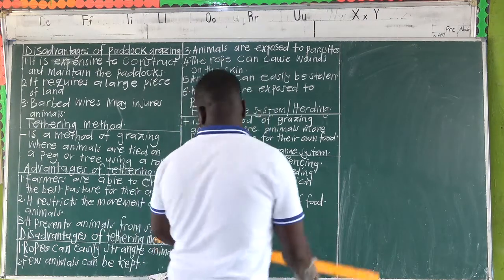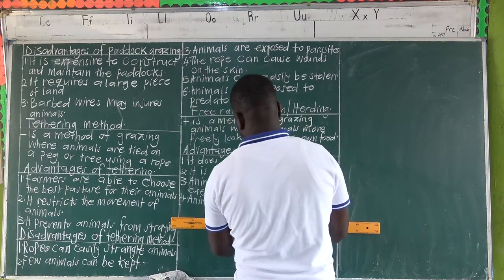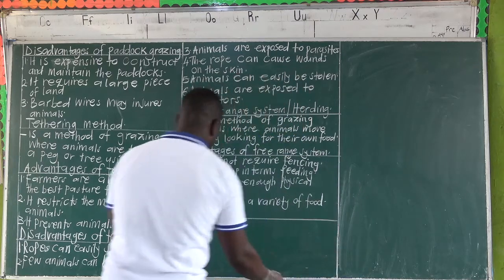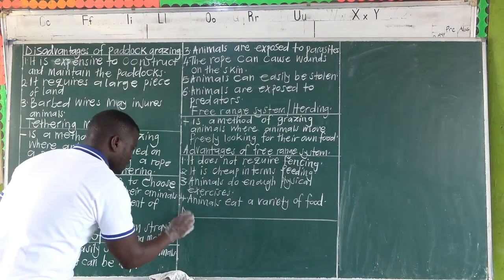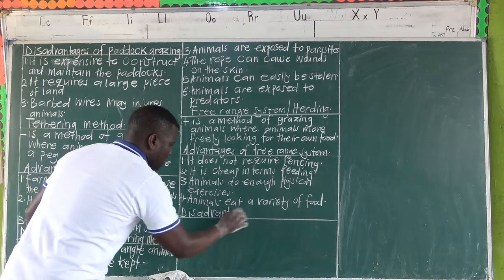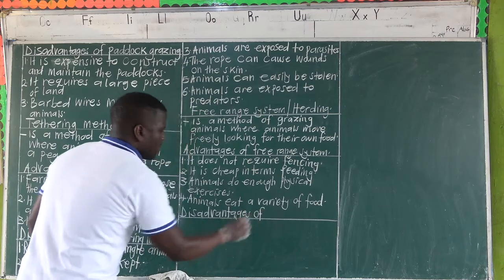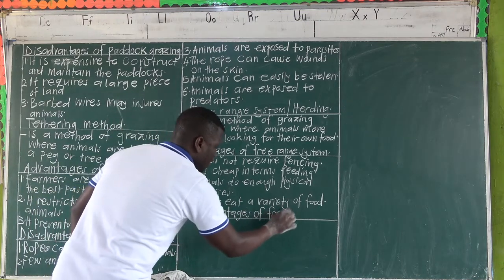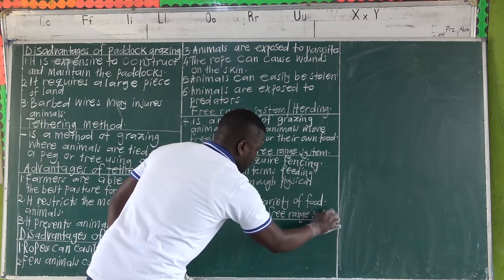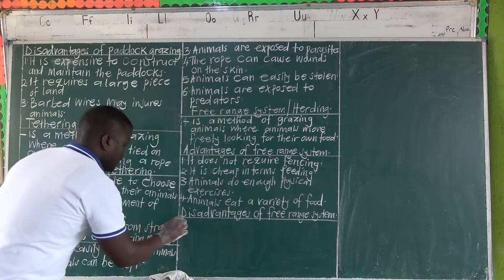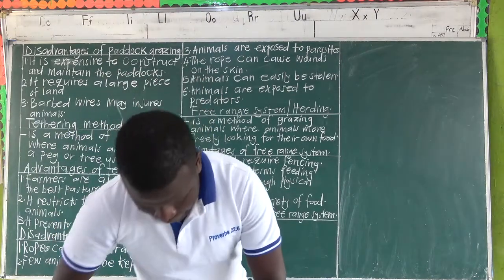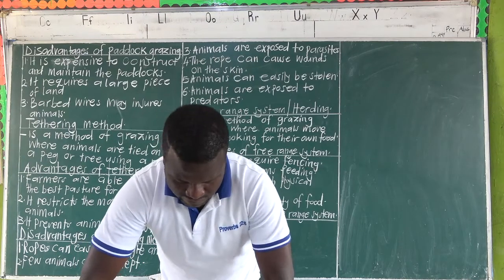Disadvantages of free range system. 1. It encourages easy spread of diseases.